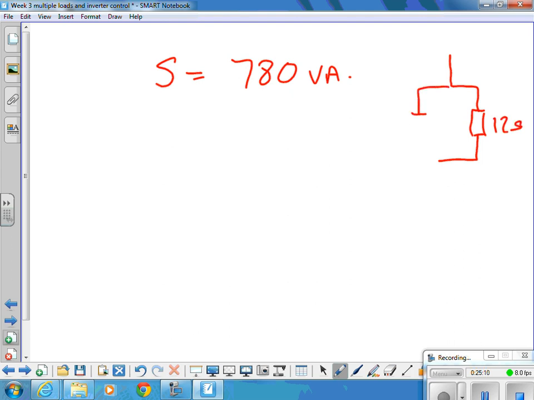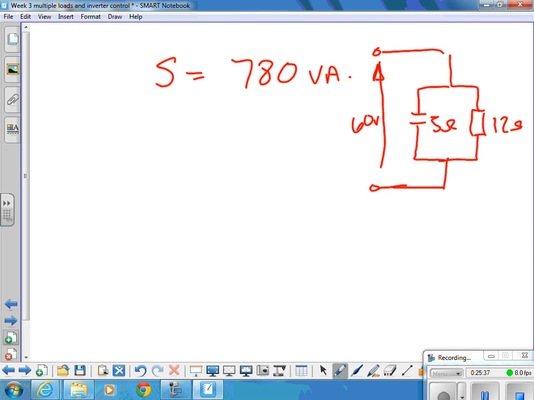And we've got a capacitor, 5 ohms, being supplied by 60 volts. There's a series component in that line back there. But what can we find now?